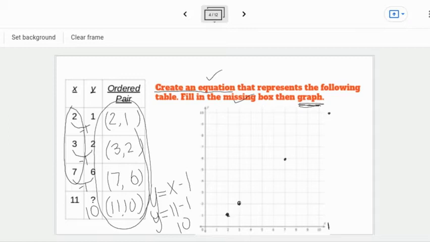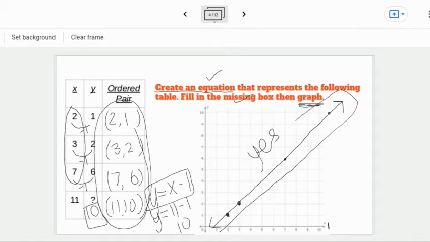So next step, because it's a linear equation, we want to connect that line and draw arrows, because x could keep going and x can go lower. And does it create a straight line? Yes, it does. So we got 3 points. Here's an answer. Here's an answer. And this graph is an answer. So hopefully that's what your graph looks like.